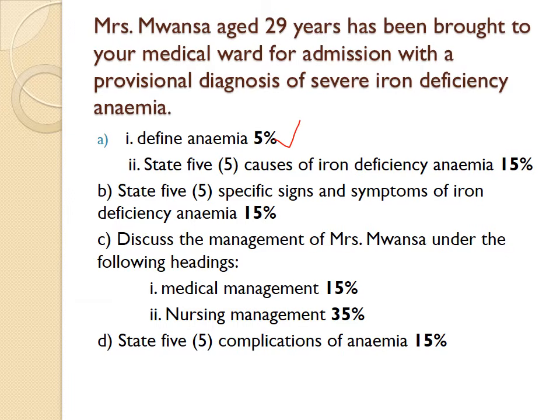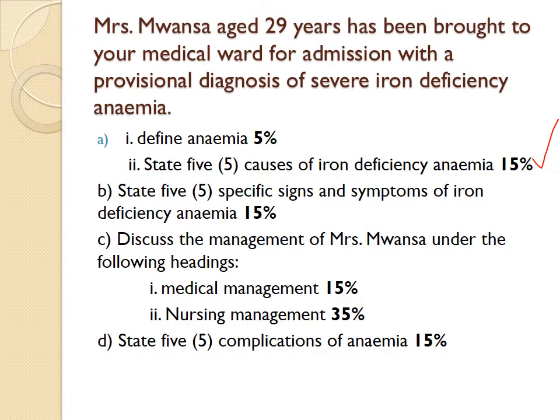So that's how you define anemia: a condition in which there is a reduction in the oxygen carrying capacity of the blood as a result of fewer circulating erythrocytes than normal, characterized by pallor, fatigue, and headache.